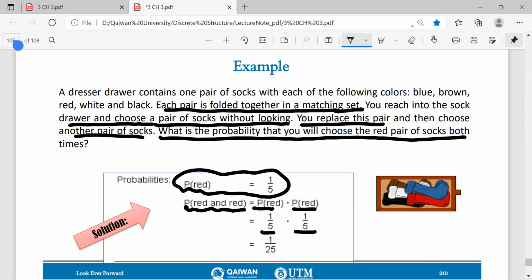This is the probability that both times we get red socks. How about the blue one? It's the same. How about if the first one is red and the second is blue? It's the same, 1/5 times 1/5.